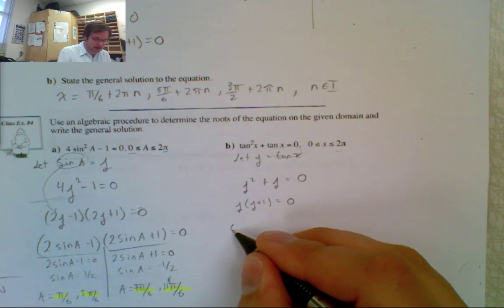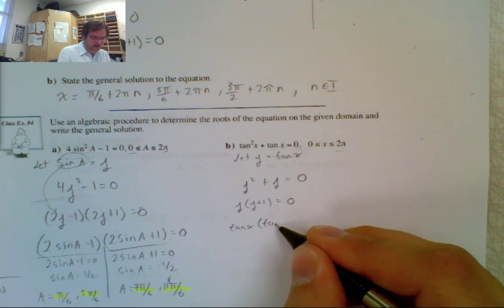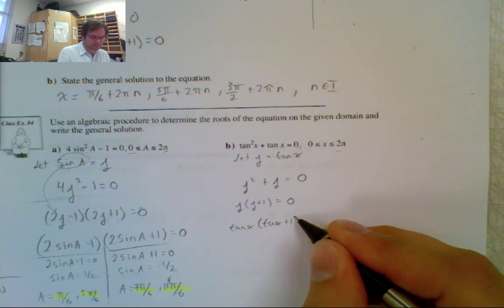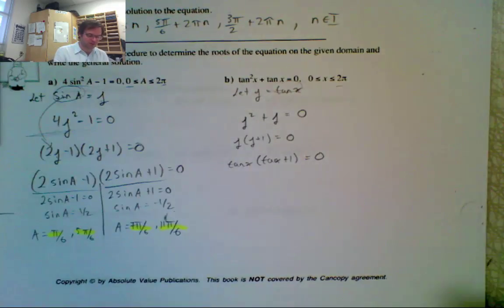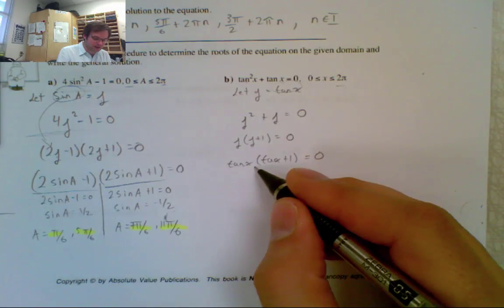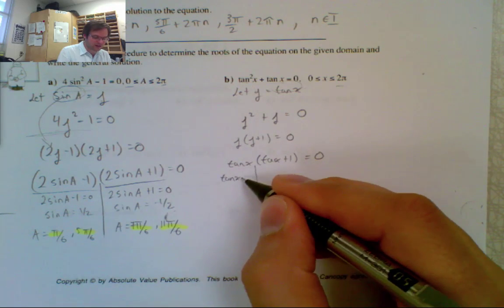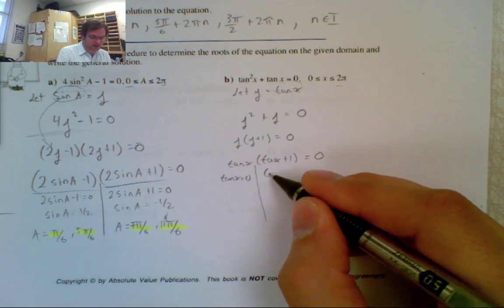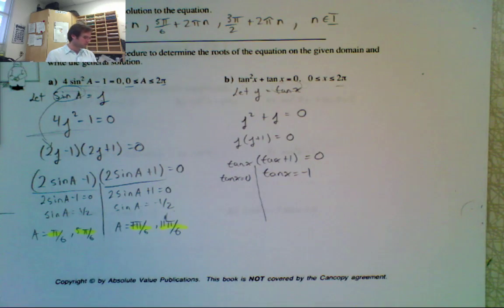So I'm going to get tan x multiplied by tan x plus 1 is equal to 0. So now we have two different styles of solutions here that we could look at. We have two factors. So basically I have tan x is equal to 0, and I have tan x is equal to negative 1.